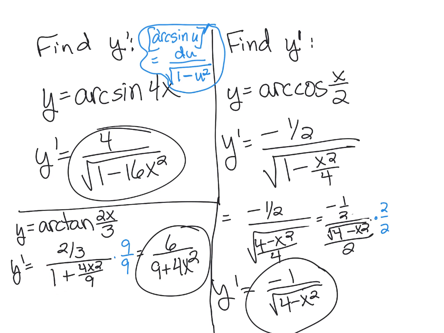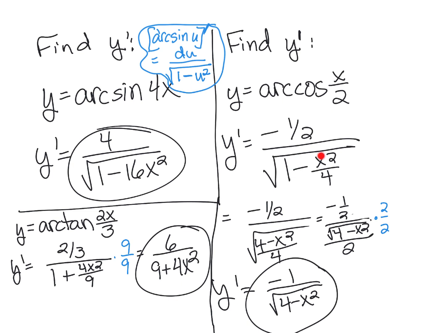Okay, arc cosine is the same as the arc sine, only you get a minus. So they put the du on the top. There's my 1/5 with my minus sign, and it's the square root of 1 minus u squared. Now, I have a fraction. I got rid of that fraction down here by multiplying by the common denominator, but this guy's inside a radical.